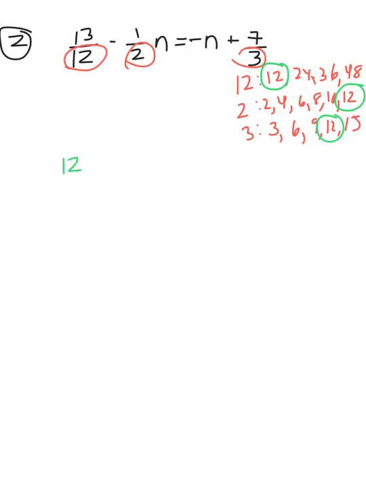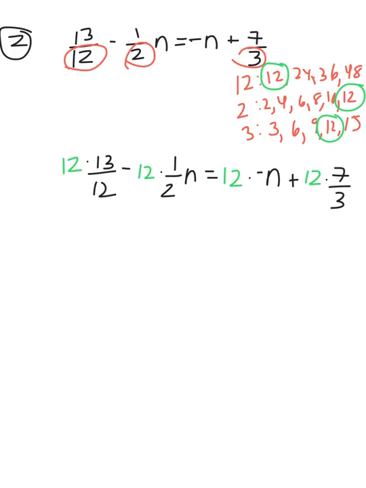So we're going to do 12 times 13 twelfths minus 12 times 1/2 n equals 12 times negative n plus 12 times 7/3.